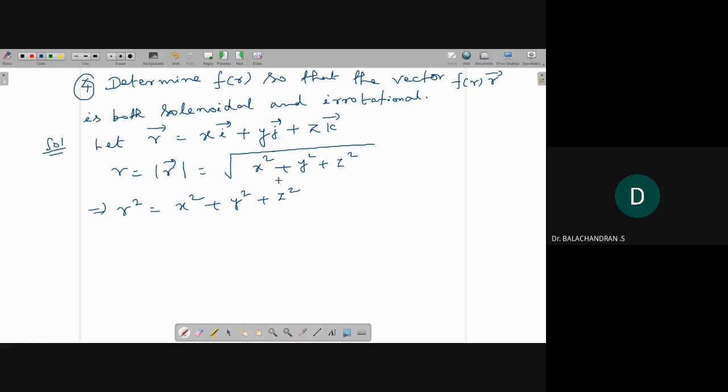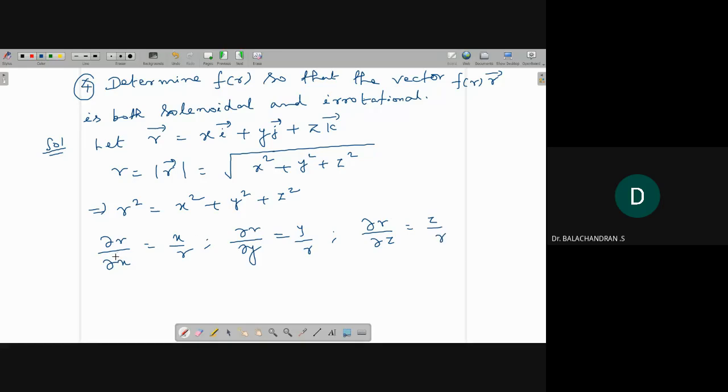And we know that dou r by dou x is equal to x by r, dou r by dou y equal to y by r, and dou r by dou z equal to z by r. So we know how to get this result.